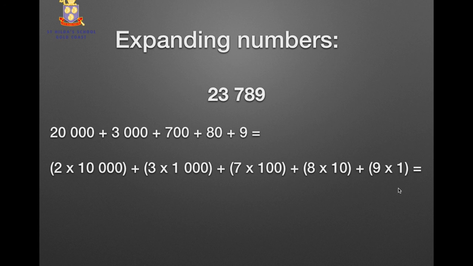Let's have a look at the third way of representing this number in expanded notation. Here we understand that the 2 is worth 2 10,000s, a capital T for tens of thousands, the TH there for thousands. 2 10,000s plus 3 thousands, capital T, lowercase h, plus 7 hundreds, write it as the H for hundreds as a capital, 7 hundreds, plus 8 tens, the capital T for tens, plus 9 units.